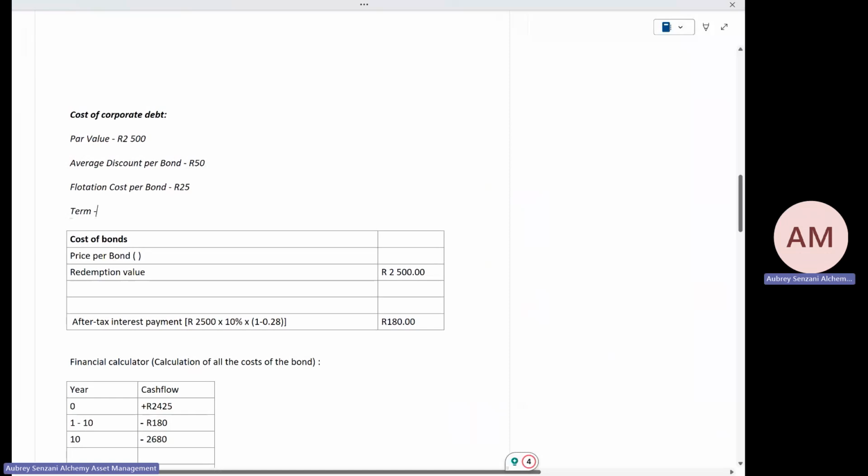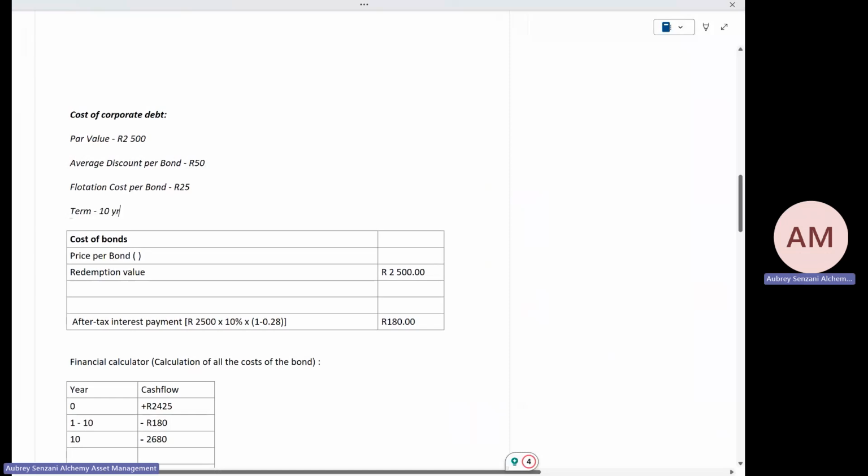The preference shares pay a dividend of 11.5%. The extent of capital that can be sourced through the preference share issue is considered to be unlimited.